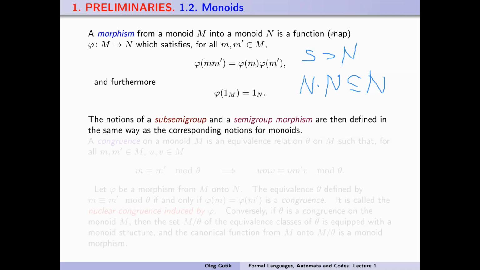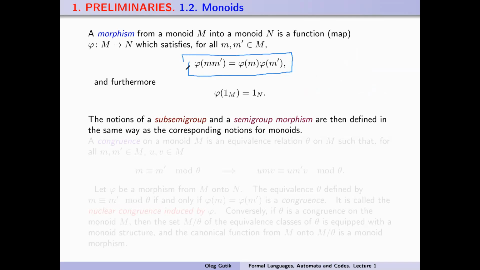And similarly, we have a map from a semigroup M to a semigroup N, which satisfies this condition. This map is called a semigroup morphism. Also, we remark that a morphism in algebraic semigroup theory is called by many specialists in this topic a homomorphism.